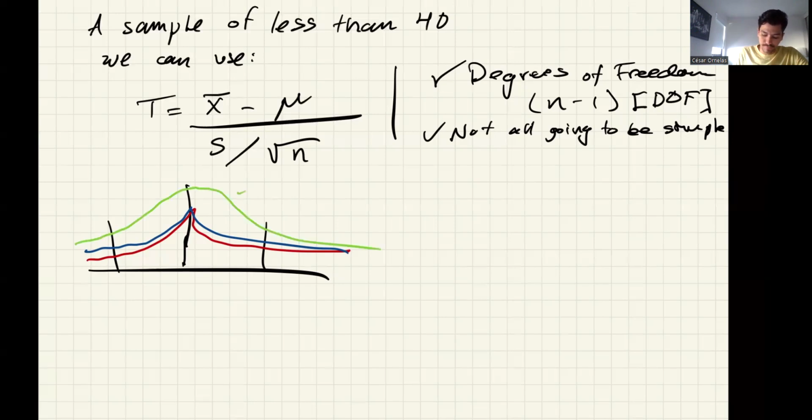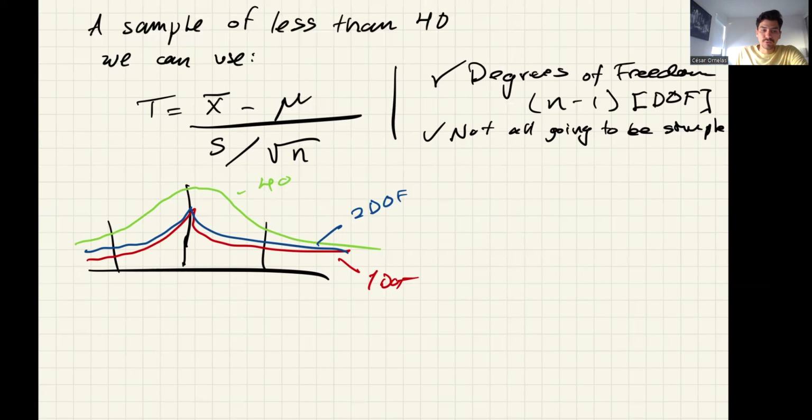So this is 40, this is 1 degree of freedom, and this is 2 degrees of freedom. If we have a sample of a population with 1, 2, 4, 5, 6, 7, 8, 9, 10 degrees of freedom, we can use this procedure.